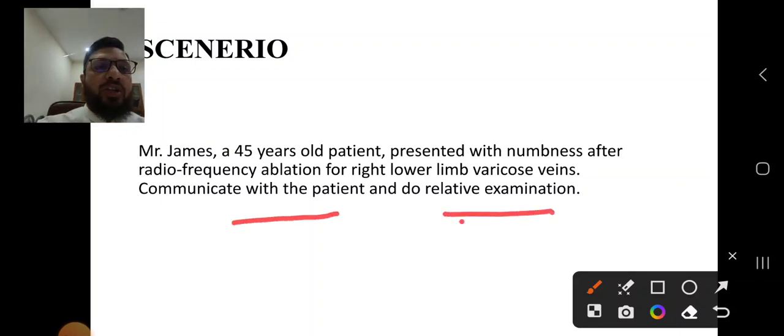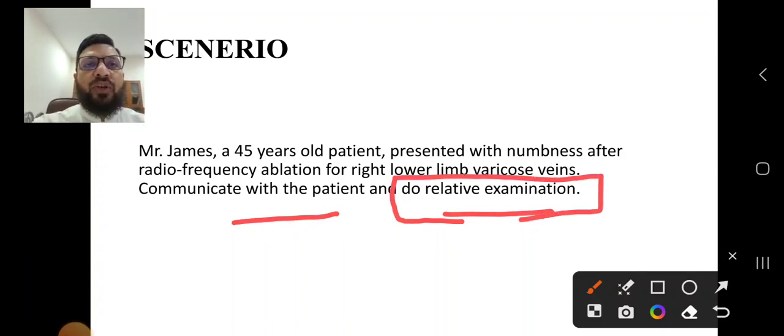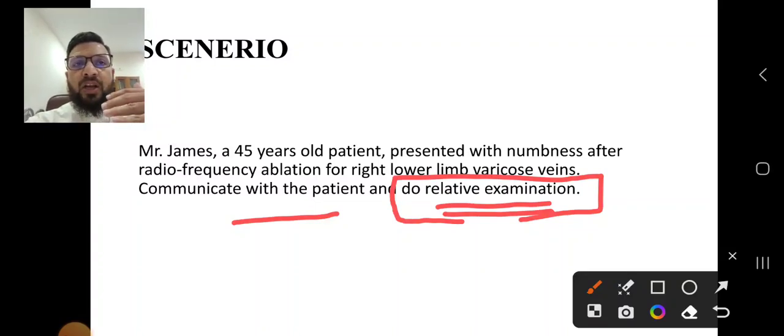They will not ask you to examine either the neurological examination or foot examination. No, the task will be to perform a relevant examination. So you do have to decide which examination you are going to perform in the next 6 minutes.